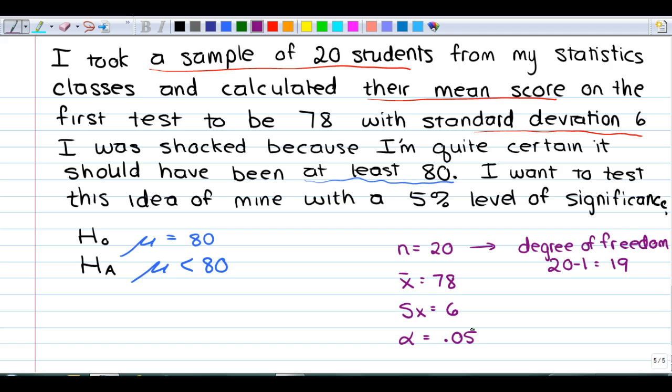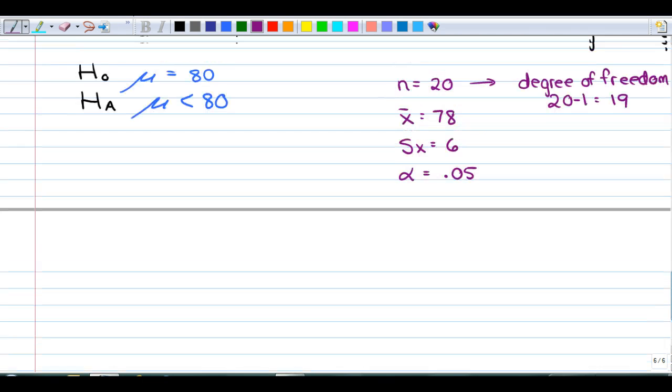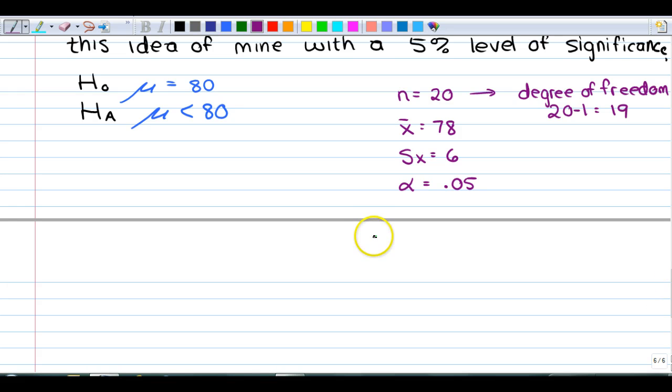So let's go to the calculator, press the Stat button, arrow over to Tests, choice 2, the t-test. I'm going to use my input to be statistics. My null hypothesis is 80.